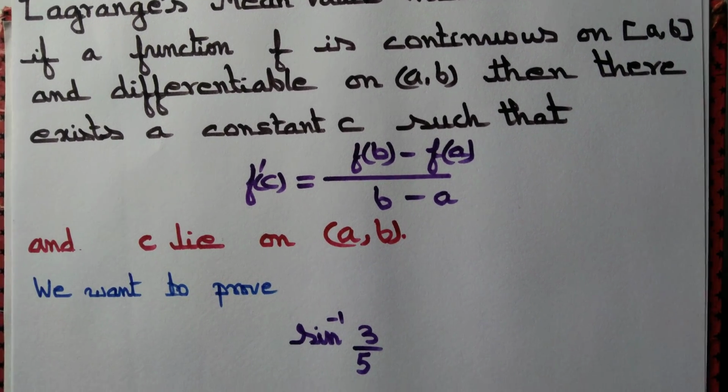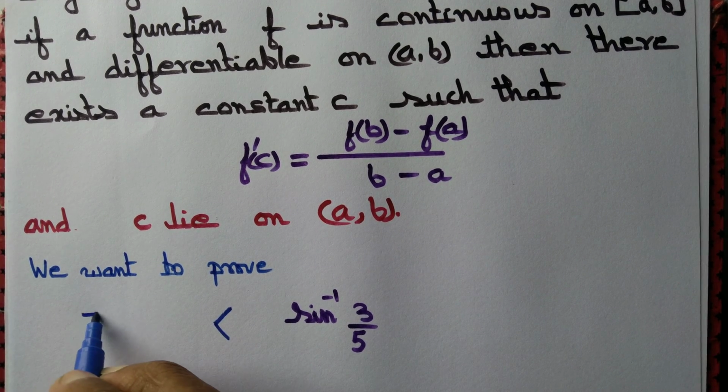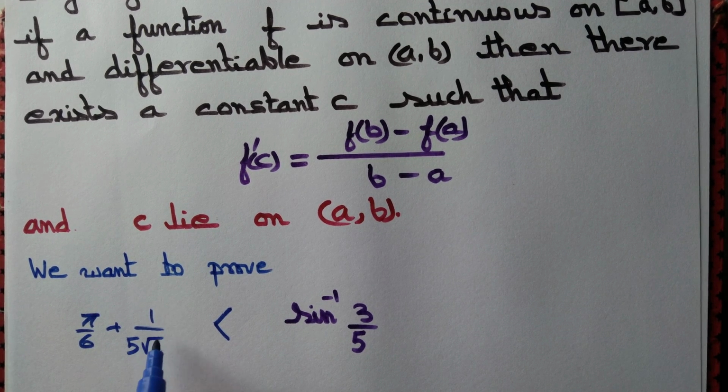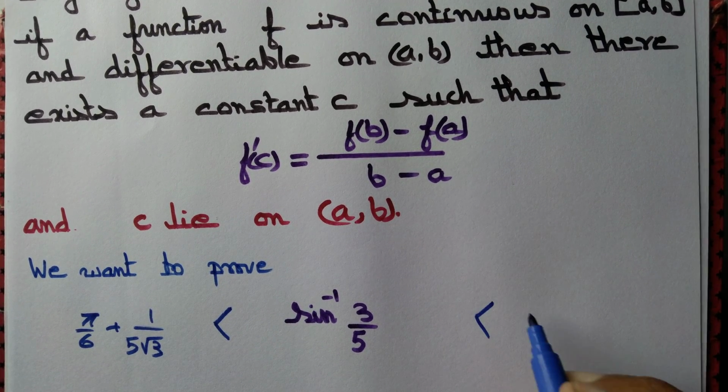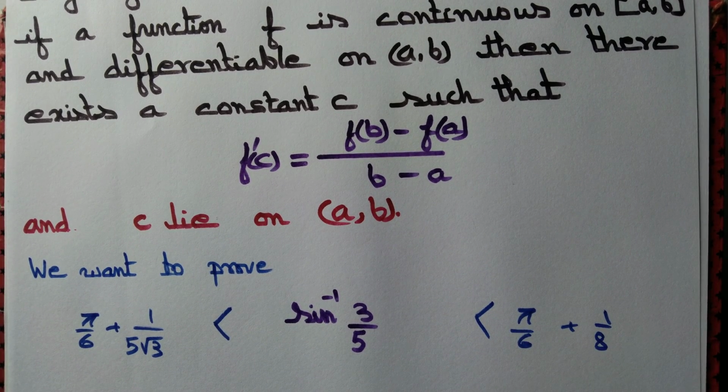Once again, we want to prove that sine inverse of 3 by 5 lies between pi by 6 plus 1 by 5 root 3 and pi by 6 plus 1 by 8.